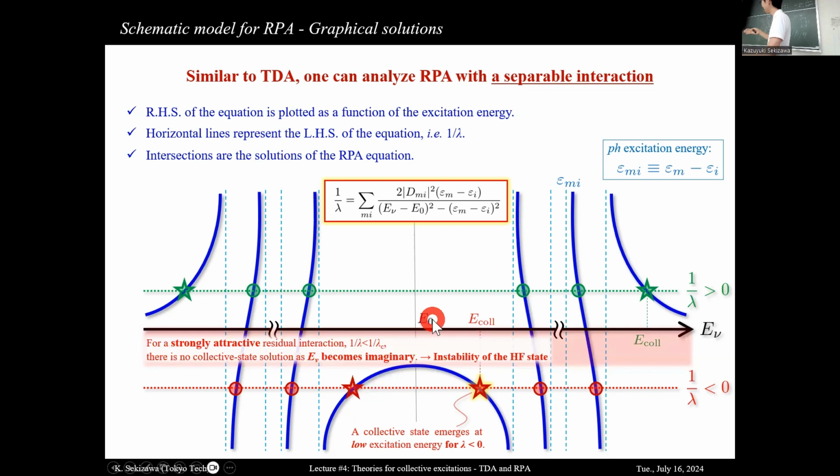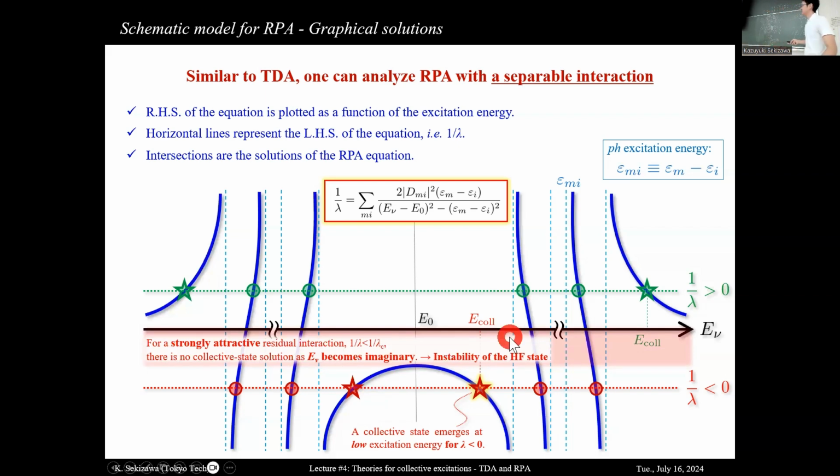So this random phase approximation can include ground state correlations on top of the Hartree-Fock state, and it can also be used to gain insight into the stability or instability of the Hartree-Fock ground state.